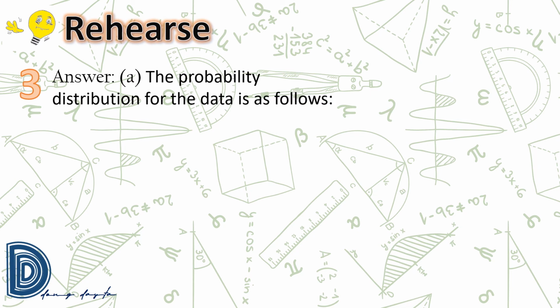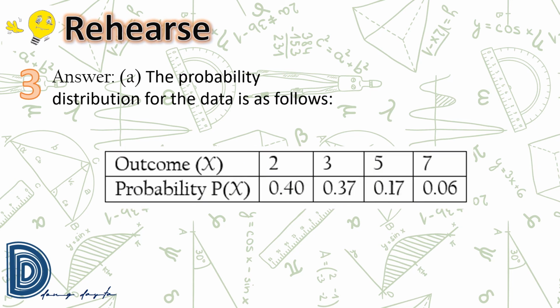So the probability distribution for the data is as follows. The values of x are 2, 3, 5, and 7, and their corresponding probabilities on the second row. 0.4 if x equals 2, 0.37 if x equals 3, 0.17 if x equals 5, and 0.06 if x equals 7.